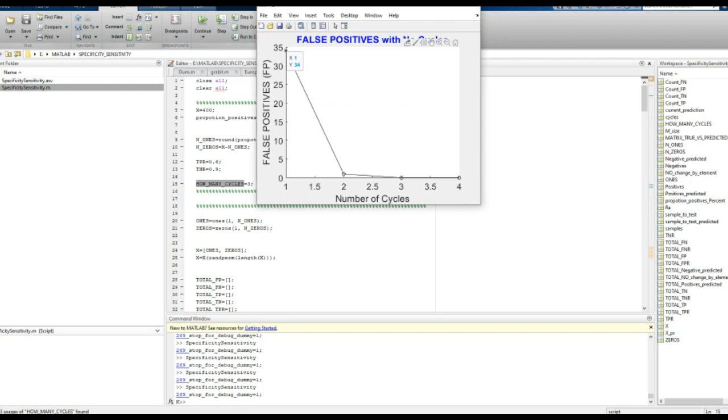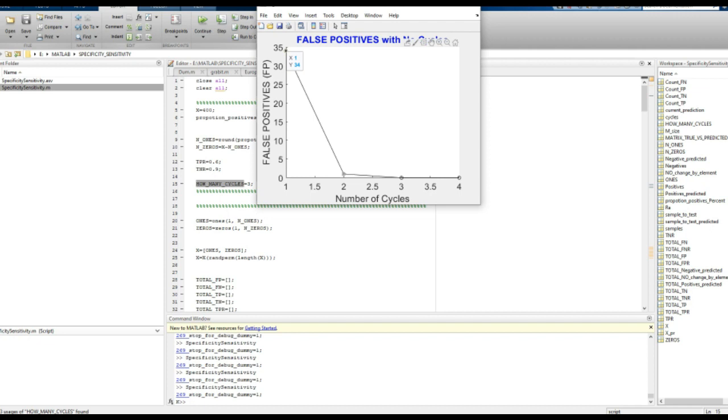This here in the x-axis is the number of cycles, and the y is false positives, FP. So first cycle 34, we did bad because we only had 8 positives because 2% out of 400 is 8. So out of 400, only 8 people were truly positive, and we got 34 false positives.